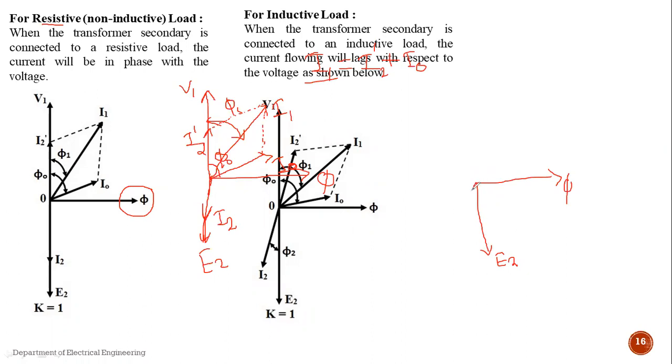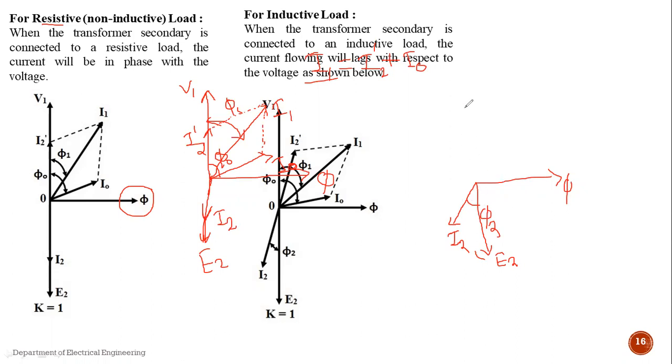See, I am drawing here the lagging angle. We are representing here this angle, it is nothing but phi 2. Phi 2 angle नी lag होतोय. Okay, so current will lag behind E2 by some angle, it is nothing but phi 2 angle. It is due to the inductive load.